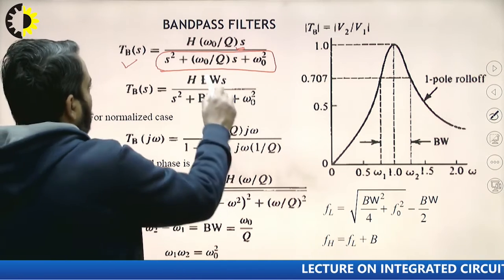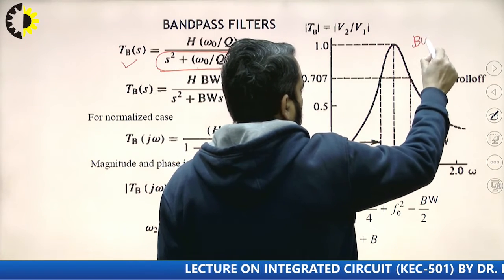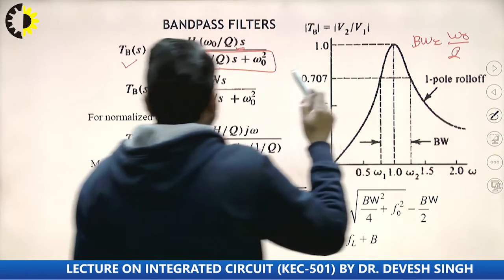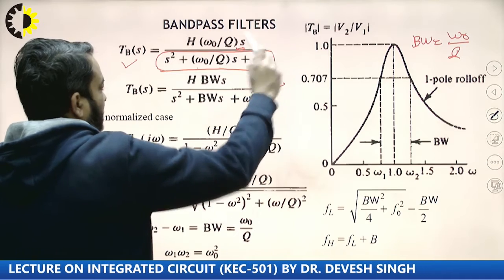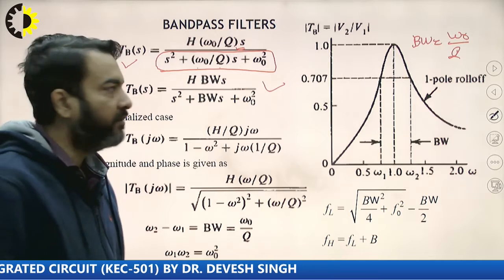This term omega naught by Q is also defined as bandwidth. So this is another way of writing the same equation, where we have written omega naught by Q as bandwidth.